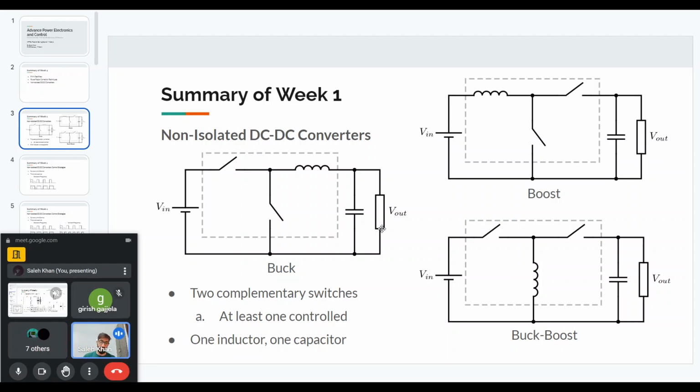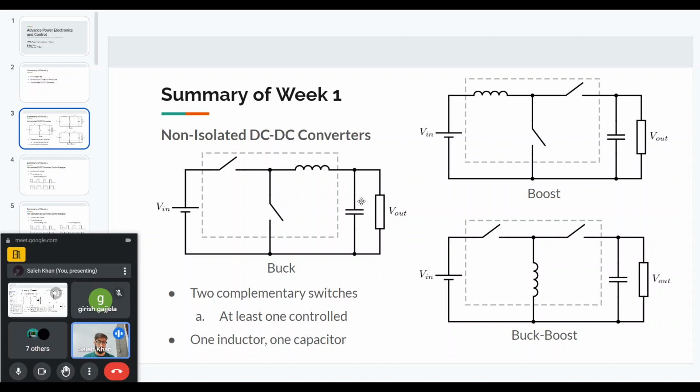Basically these inductor and capacitor are filters, and you can do without them. For example, you can have a buck converter without the inductor and the capacitor, but then you will not get a constant voltage at the output. You will get some pulses of V in and zero.